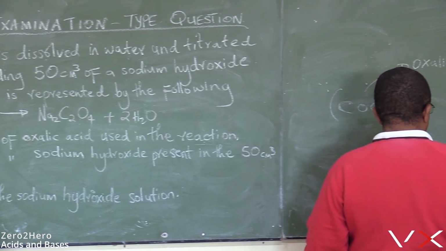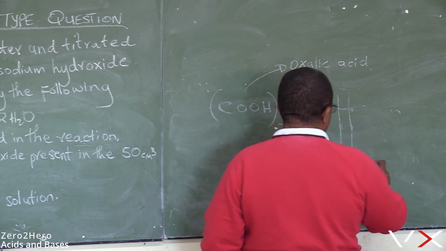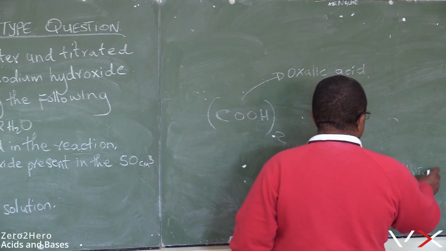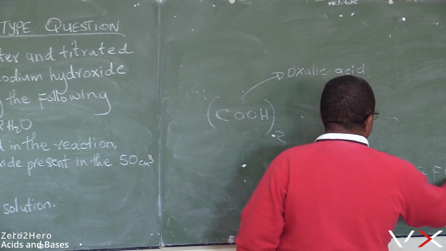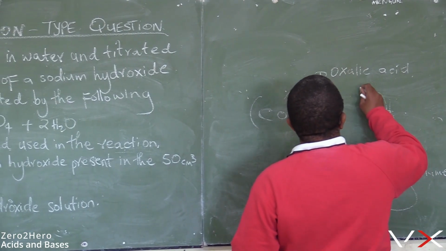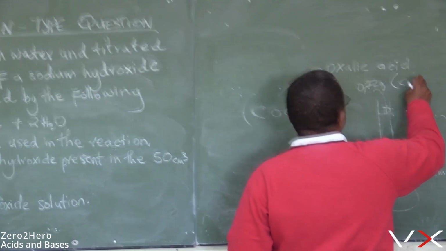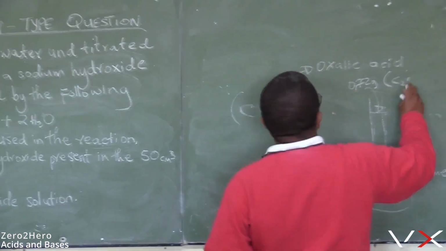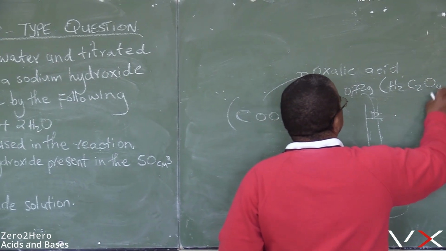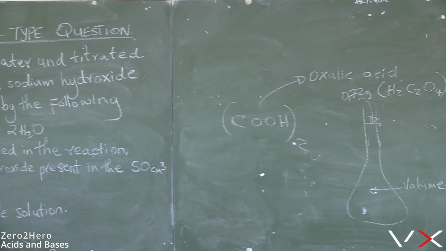Usually we use a volumetric flask, sifaka u-0.72 grams of oxalic acid. It's all right. So sifaka yona ke, and then base be titrator.